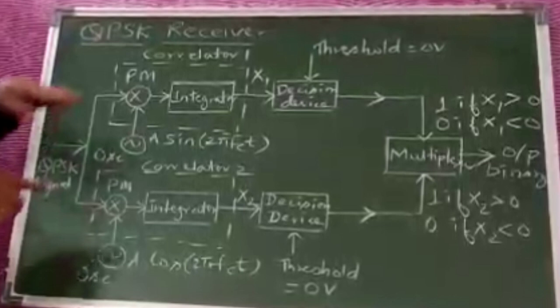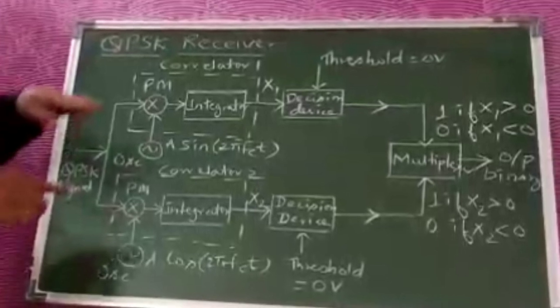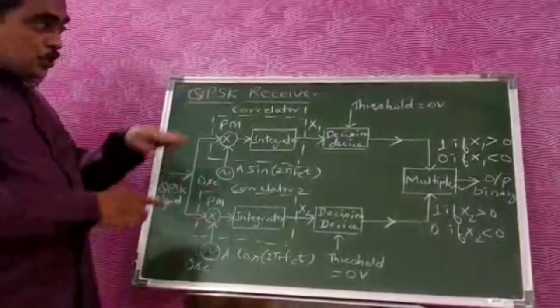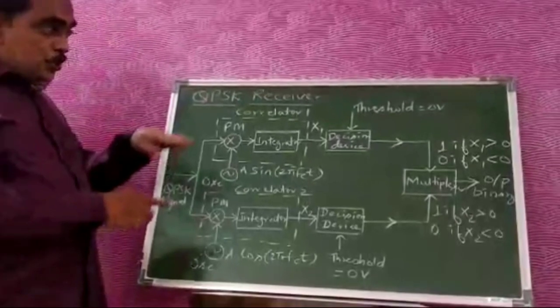Because one waveform will be sine, one waveform will be cosine. The bit for the sine waveform will come from the top channel, and the bit for the cosine waveform will come from the bottom channel. Both bits will get multiplexed here, and at the output you will get 2 bits at one time, depending on whether x1 is less than 0 or greater than 0, and x2 is less than 0 or greater than 0.